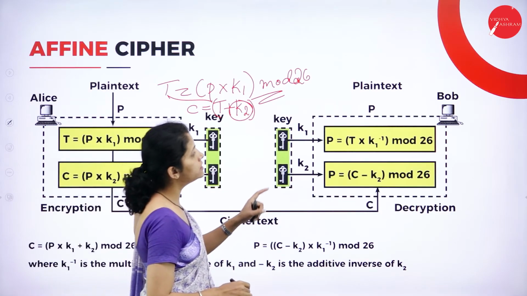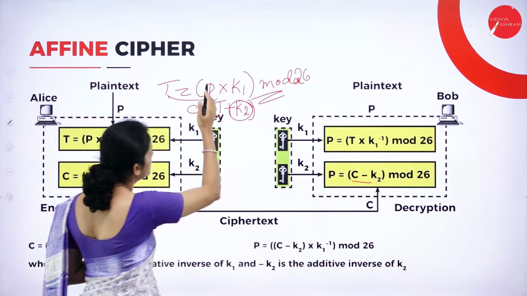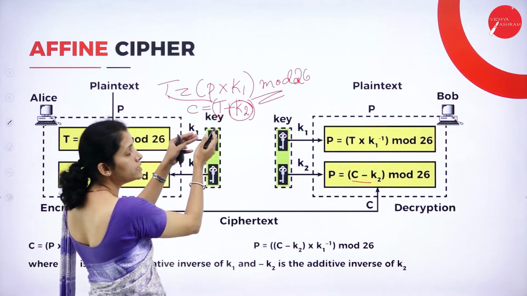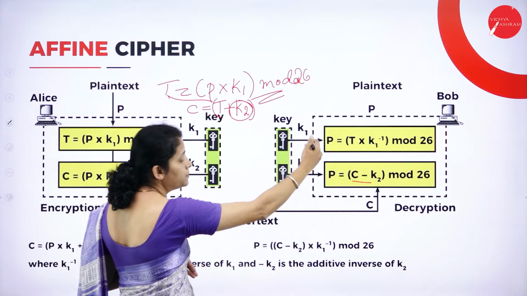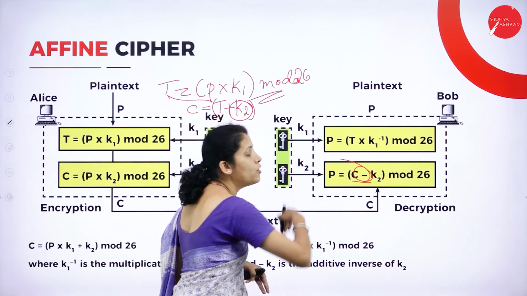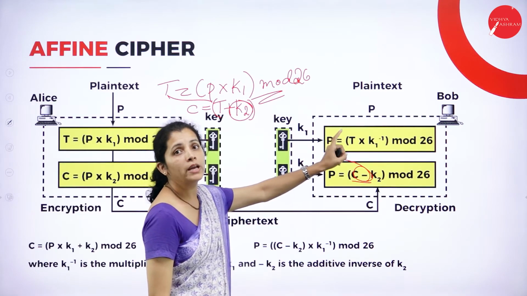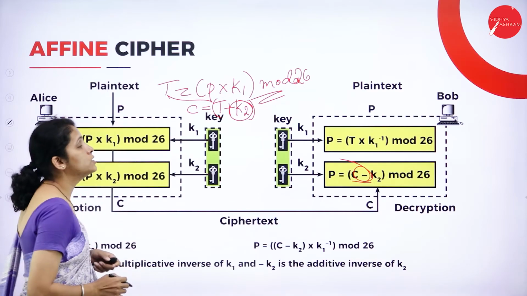And if I consider decryption, first I want to subtract, because in encryption the first operation is multiplication and the last operation is addition. But in decryption, first I want to perform subtraction, then I want to perform inverse. So this is the way affine cipher is going to work.